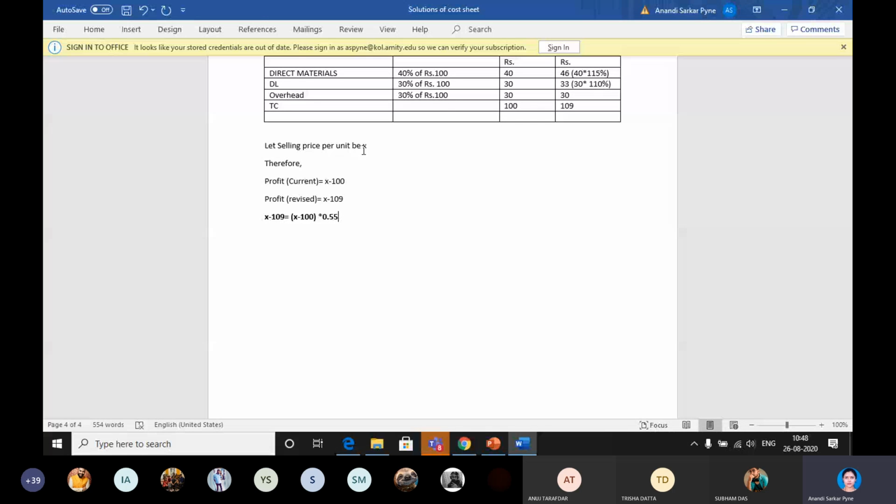Why we cannot say equals to? Because the current year's profit, which is X minus 100, is only 55% of the revised profit. Right? So that is why we have multiplied this 0.55. Is that clear, class?